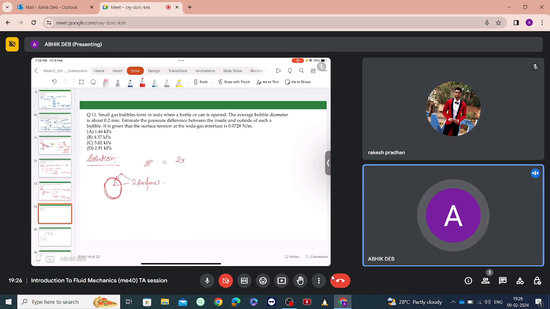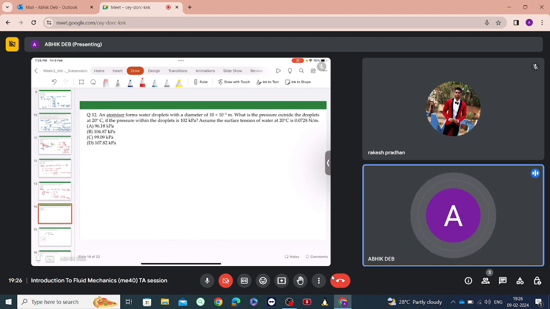Okay, so going to the next problem, an atomizer forms water droplets. So what is the difference here? For a water droplet, only one surface is exposed to air. It is filled with water itself, so only one surface is exposed to the surrounding fluid, say air.